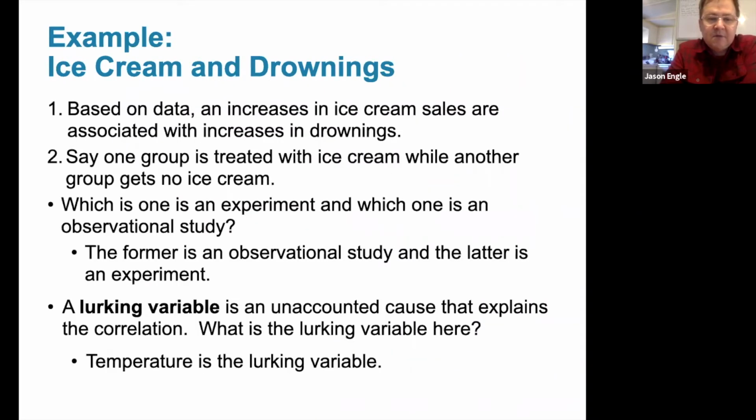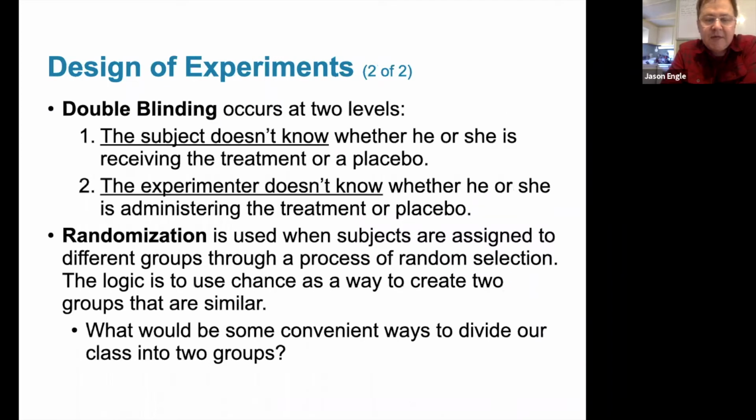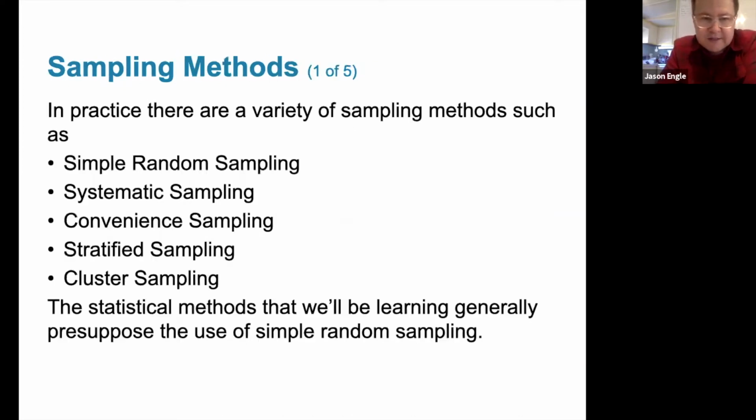We talked about lurking variables. Replication and blinding are an important part of collecting samples. Double blinding is a thing. Randomization is something underlying any kind of statistical analysis. I don't think we got a chance to start talking about sampling methods yet.